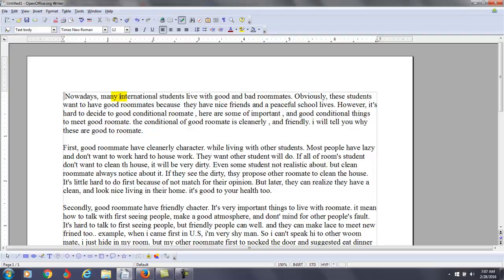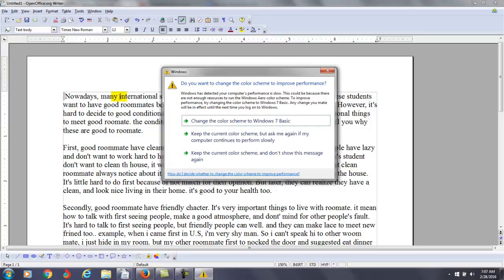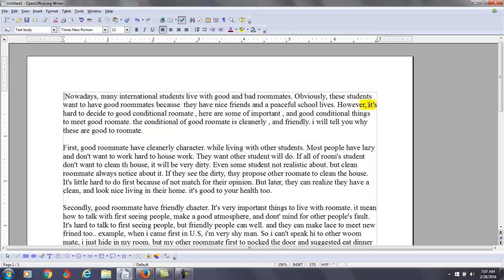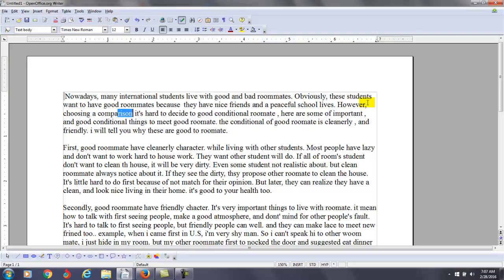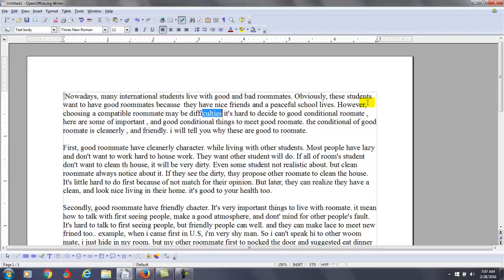I'm going to say that's a little bit awkward the way you've written that. Let's say choosing a compatible roommate may be difficult.